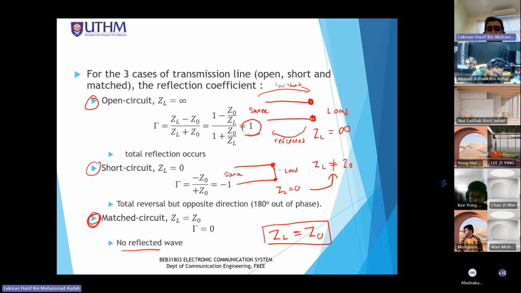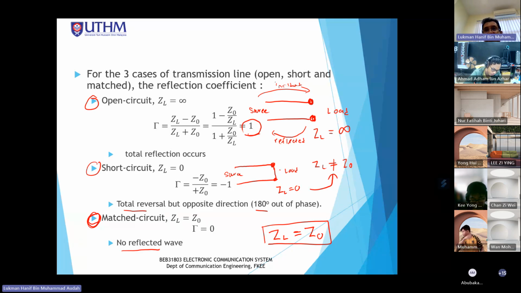All of the incident wave will be reflected back to the source, but it is 180 degrees out of phase. Total reflection occurs, but in terms of phase, it is in the opposite direction.